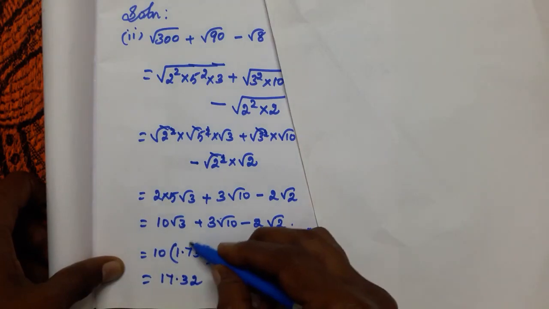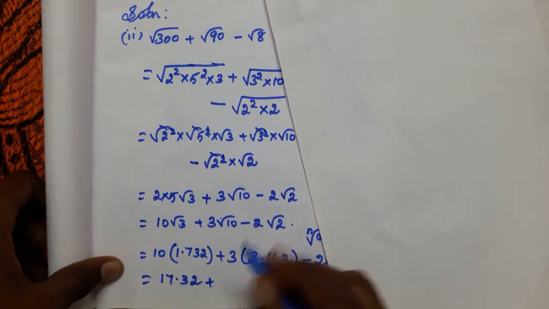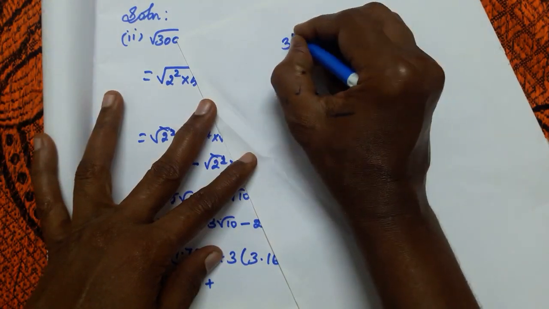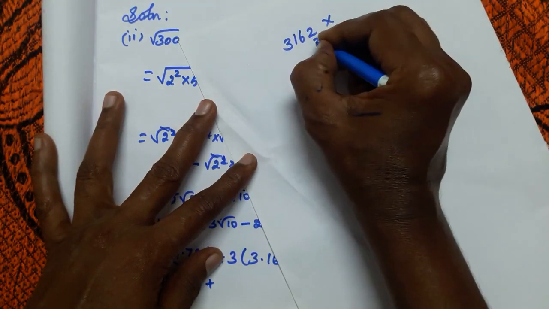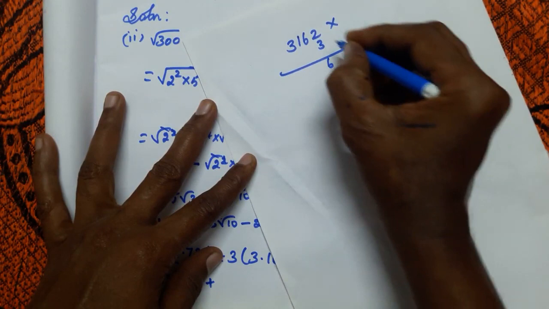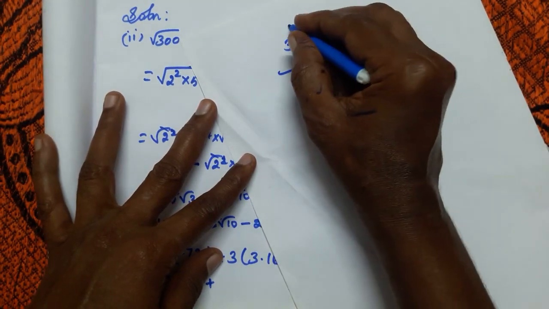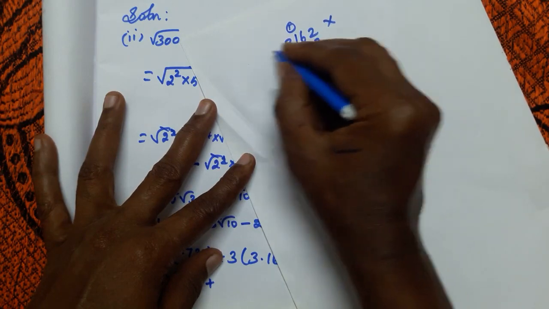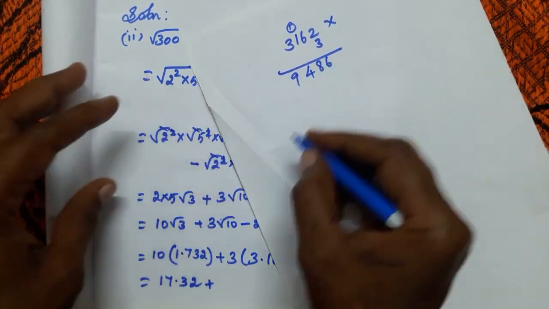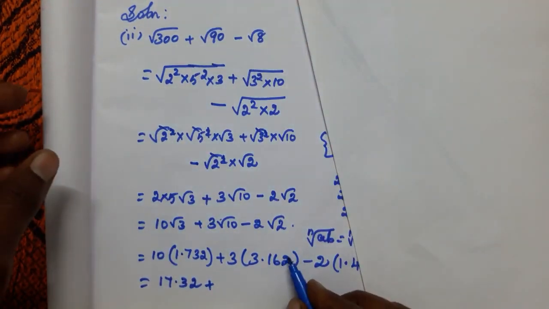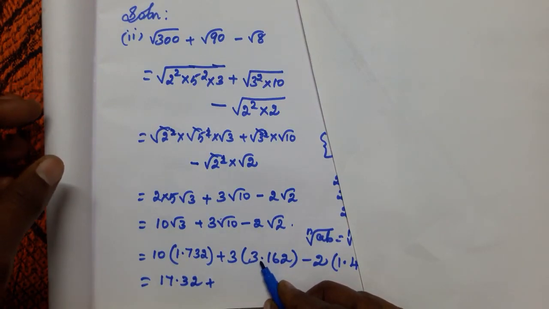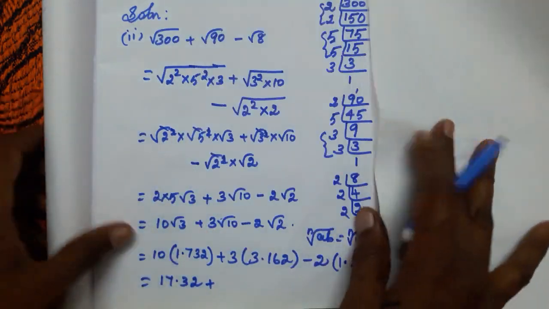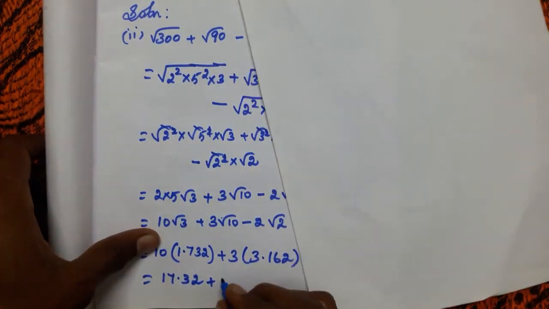Yeah, 17.32 plus 3 into 3.162. 3162 into 3: 3 2s are 6, 6 3s are 18, 1 balance, 1 3 is 3 plus 1, 4. 3 3s are 9. How many digits before we put the decimal point? 3 digits. So we are getting 9.486.